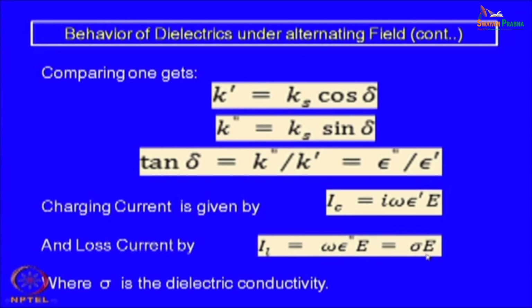This product of these two quantities is σ, which is different from the DC conductivity. The DC conductivity value will be different, whereas for AC conductivity this σ is used, and that is why it is called the dielectric conductivity.